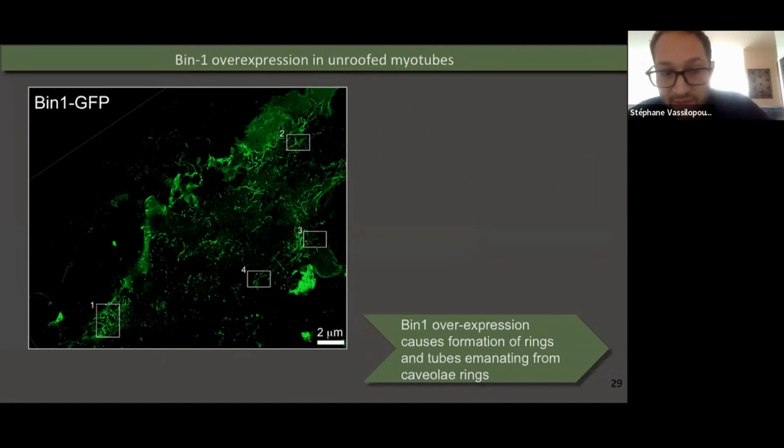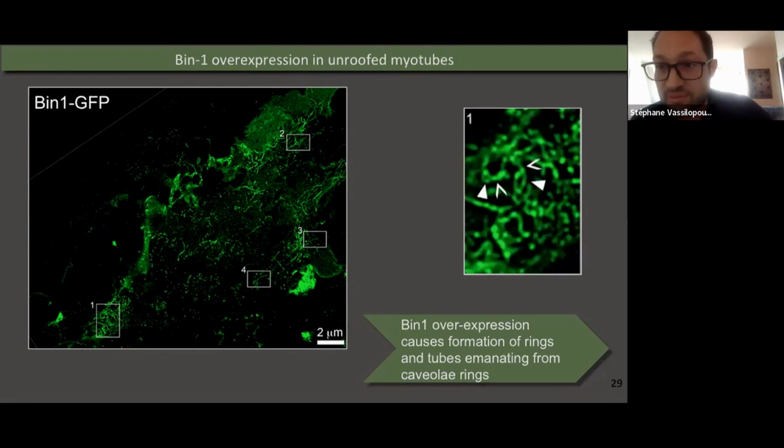And so here I have an example of Bin1 overexpression through our adenovirus system in myotubes, and then the myotubes are unroofed. And the first thing you notice, not very different from the caveolin, is that you see rings. The Bin1 is forming tubules, a lot, but it's also forming rings.